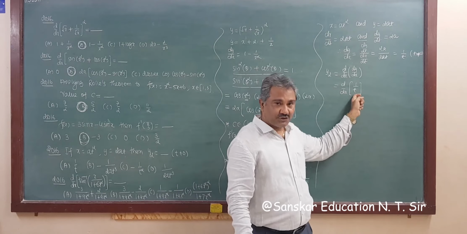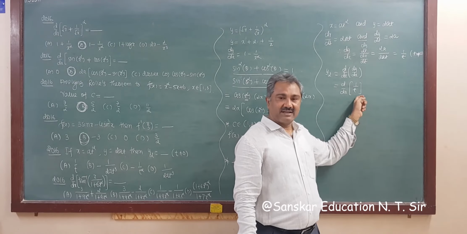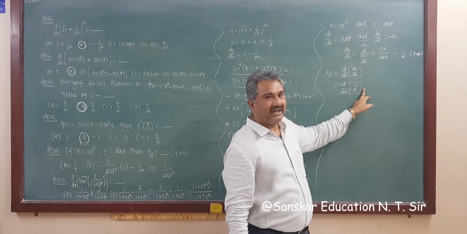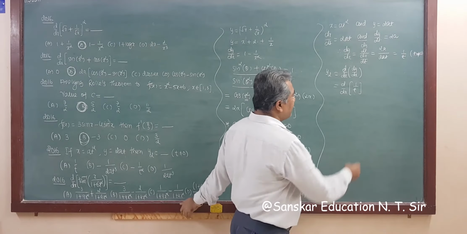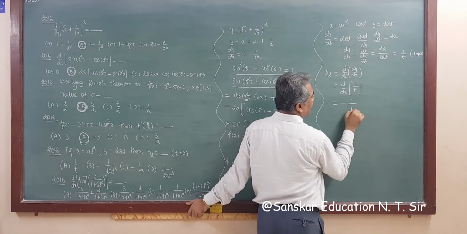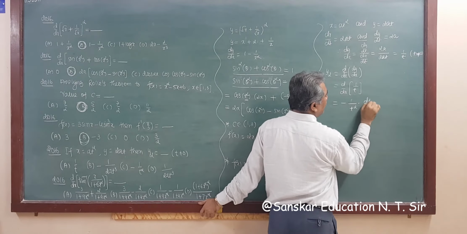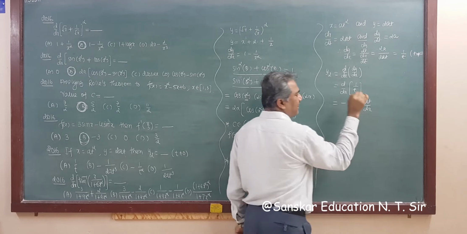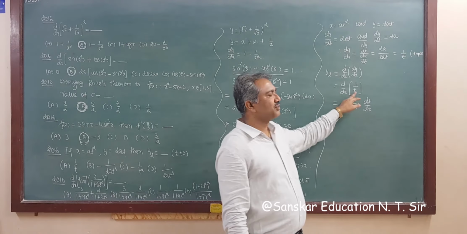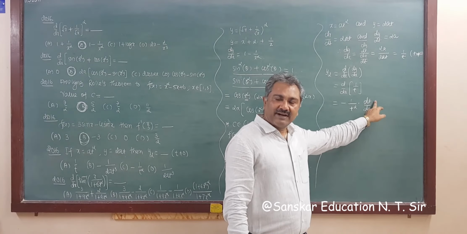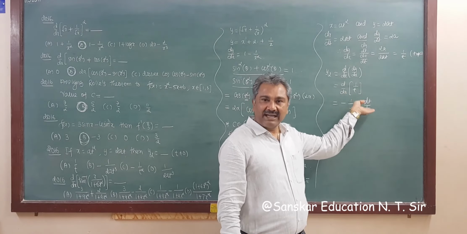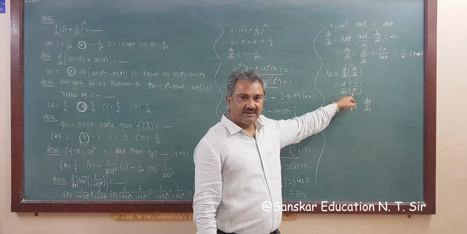The derivative of 1 upon t is minus 1 upon t square, into dt by dx, applying chain rule.